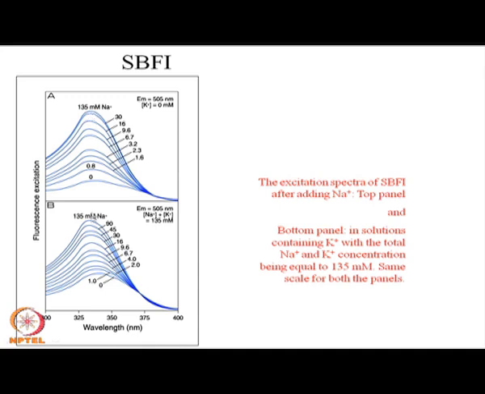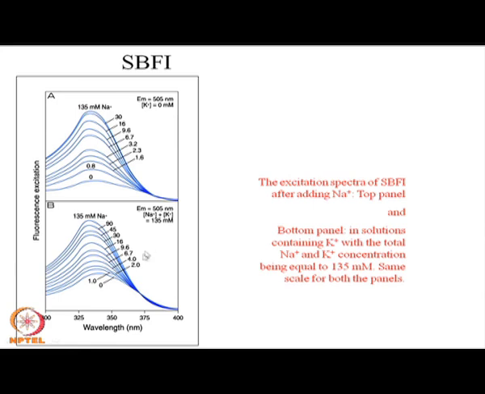And here, we have added potassium from outside such that the total sodium plus potassium concentration is equal to 130 millimolar, and both are on the same scale. You see that here total Na plus and K plus concentration is 130 millimolar.